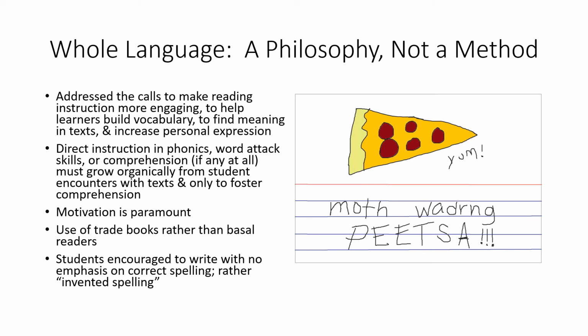The language of trade books is not controlled. Students were also really encouraged to write, but there was no emphasis placed on correct spelling. Rather, what students did was referred to as invented spelling, as you can see from the illustration.